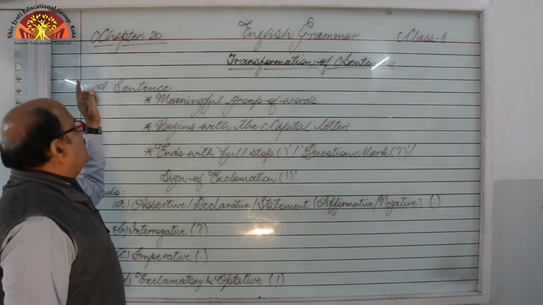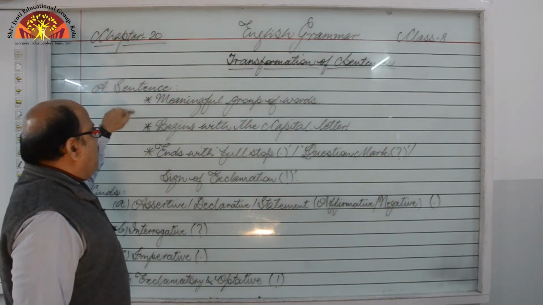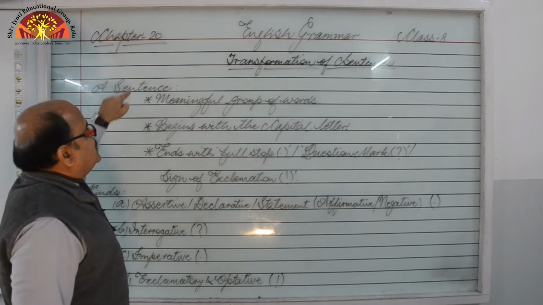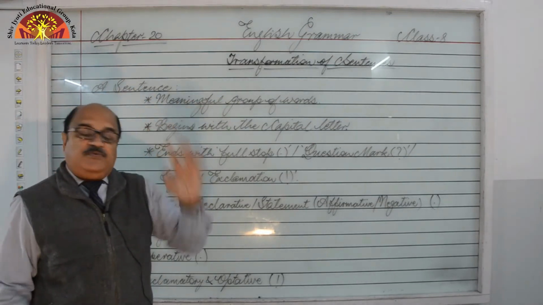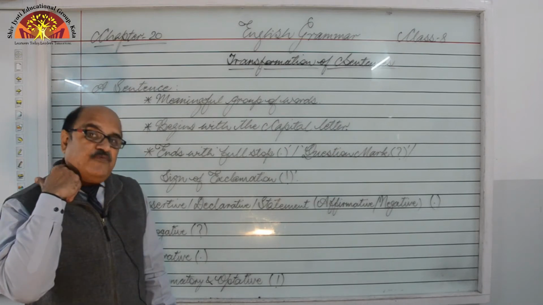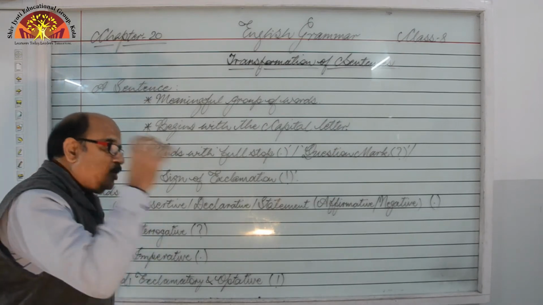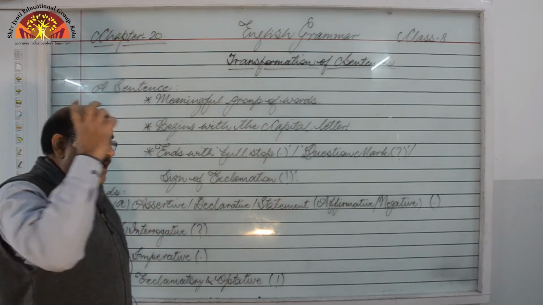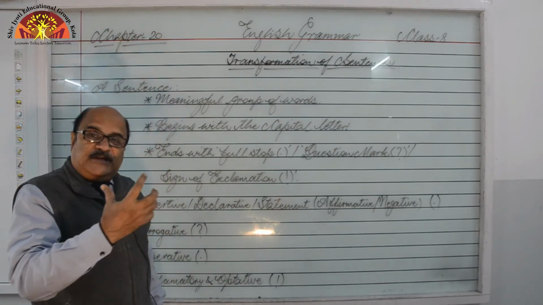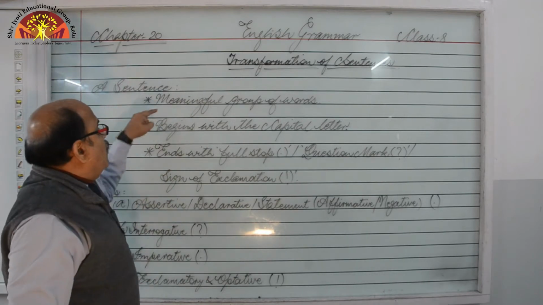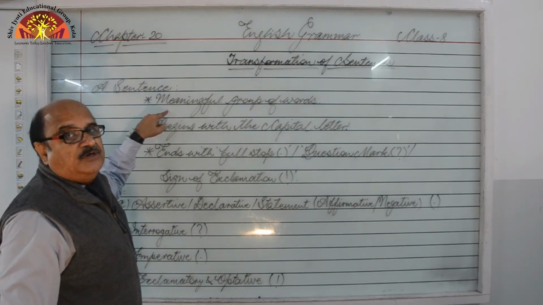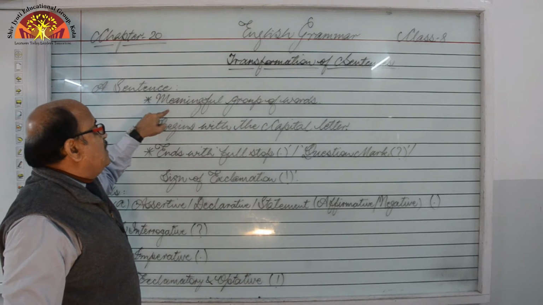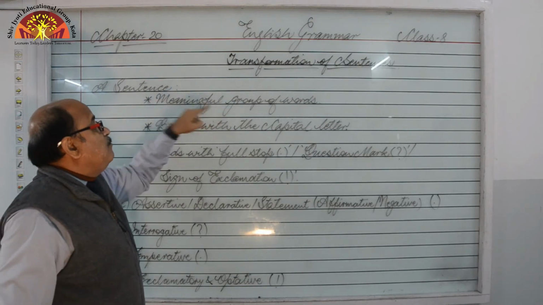So look here, a sentence, three main properties are there. A sentence is a meaningful group of words. We are not saying a sentence is just a group of words. No, every group of words cannot be called a sentence. To call a group of words a sentence means we are really making that group of words meaningful.